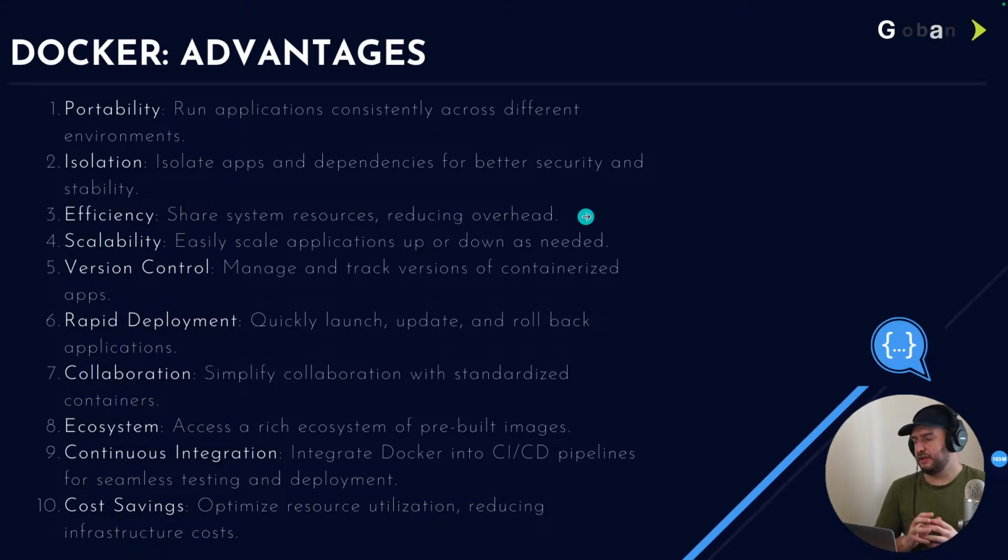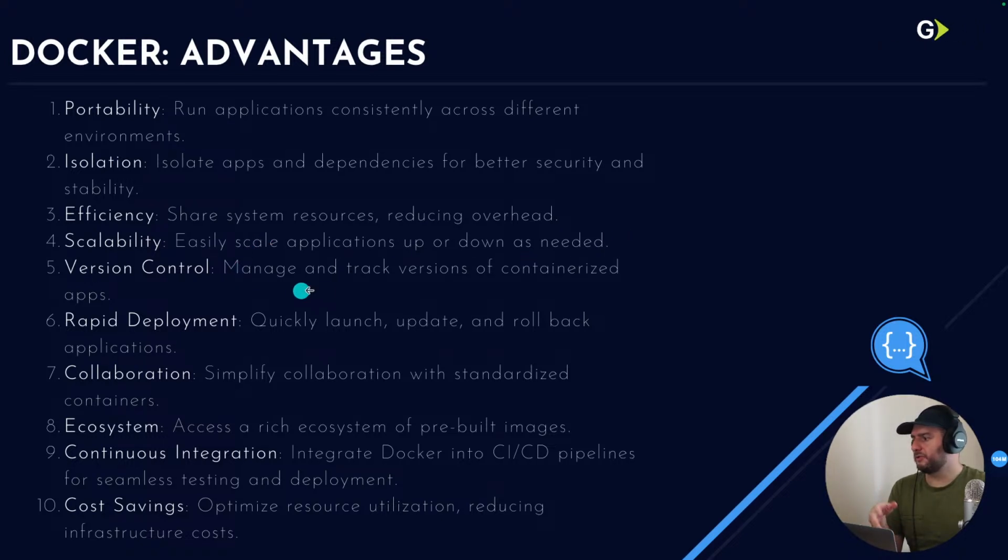So if you have a system that has shared resources, then it becomes really efficient to create new containers. For example, in a cloud environment, containers are used a lot because they're very easy to start and stop, because they're way more lightweight than an actual virtual machine. So it's really easy to do that. And because of that, it's very good for scalability.